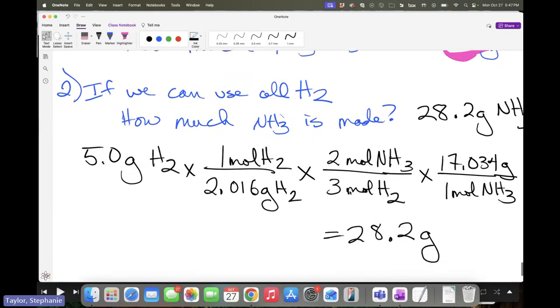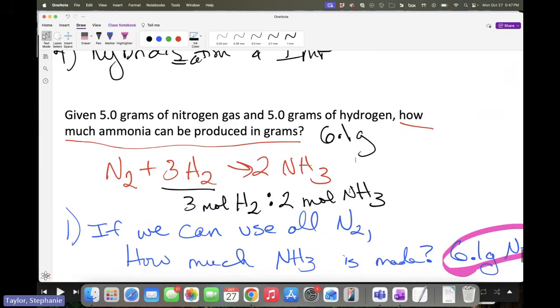So like I mentioned, that does answer that limiting reactant question. As you might imagine, there are different limiting reactant questions that can be asked. So we can also ask you just what the limiting reactant is, or we can ask you how much is produced and what the limiting reactant is. So this could say 6.1 grams, nitrogen is limiting.